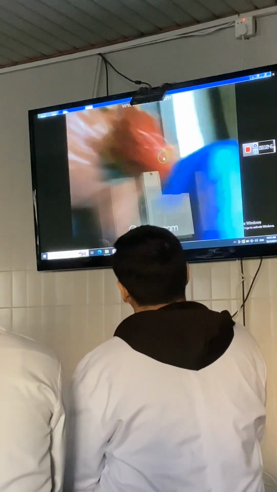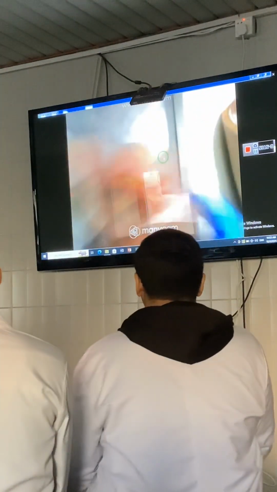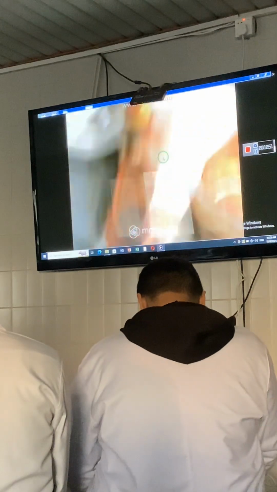Because we can look here, the lateral view is very obvious.